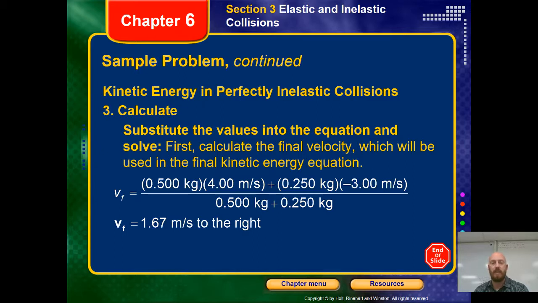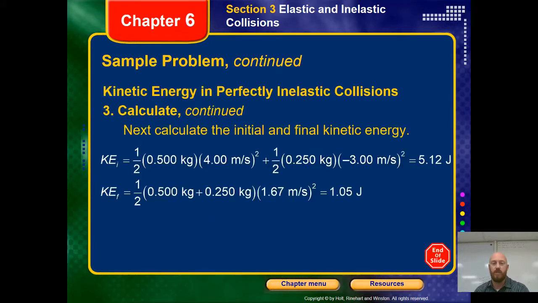That being said, again, going back to the question, it is just looking for kinetic energy change. We just found velocity. That is not the final answer. So we have to put it into the equation. Initially, 4 meters per second to the right, -3, meaning it's going to the left. Initially, the system has 5.12 joules of energy. Now the final, this is what we just used to find 1.67.